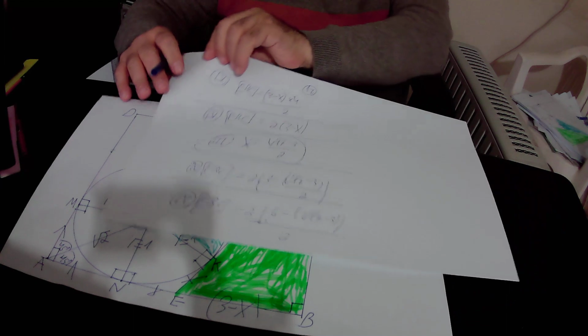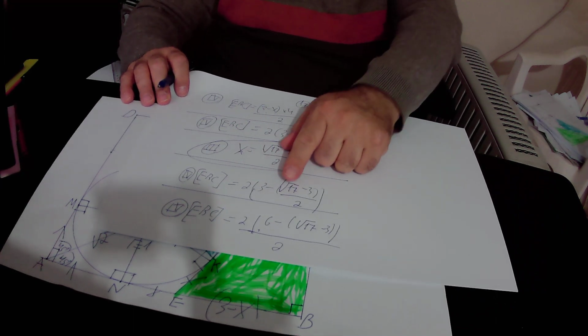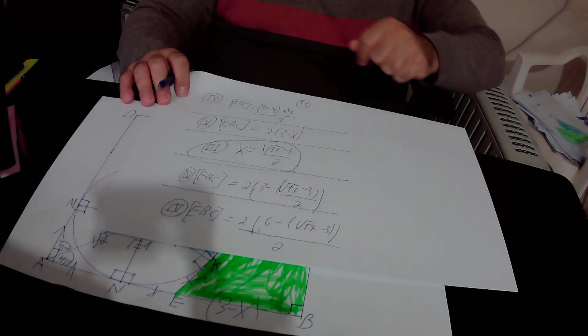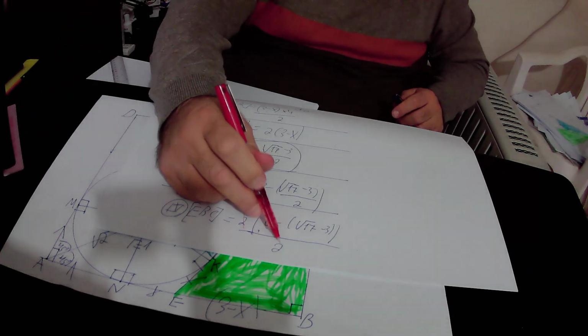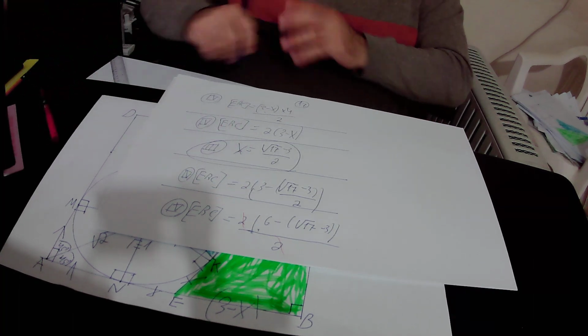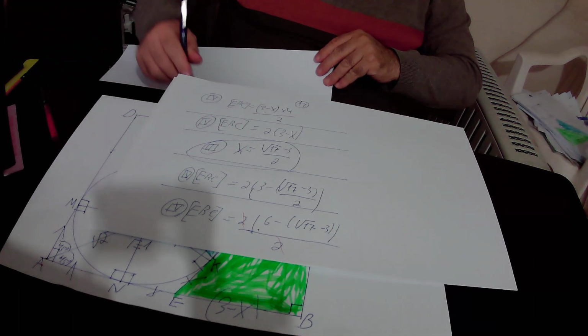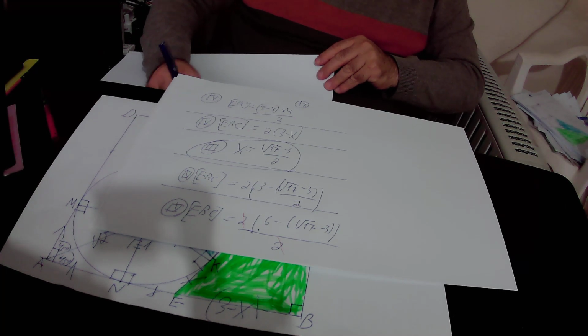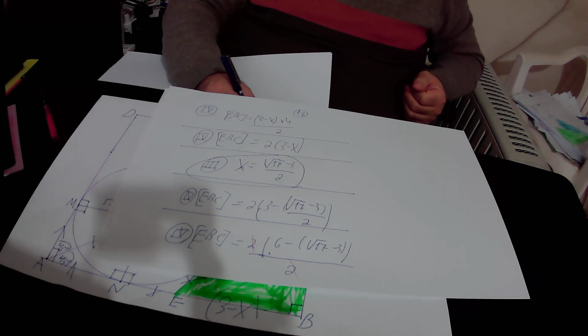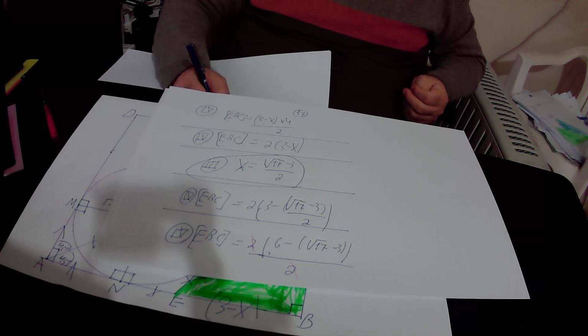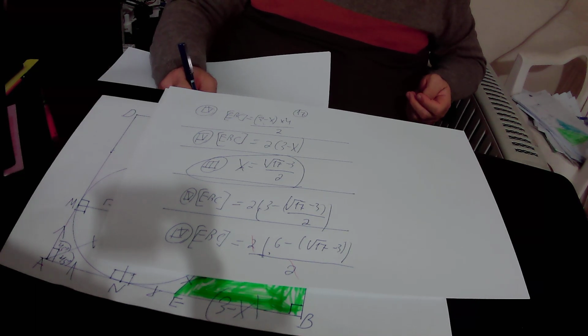Here 2 over 2 is 1, so the 2 will get cancelled. What is left is that the area equals 6 minus the quantity square root of 17 minus 3.